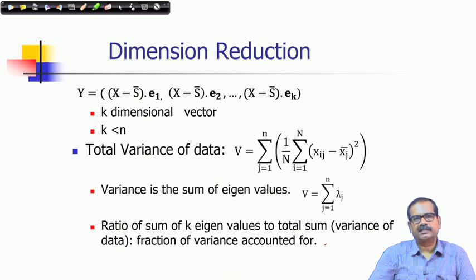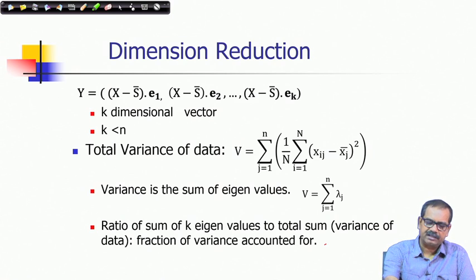So, in dimension reduction, the higher this fraction is, the better is the information content of the data retained. As you understand, this fraction varies from 0 to 1. So, we will be considering a very high value of this fraction, nearly 1, for representing data.